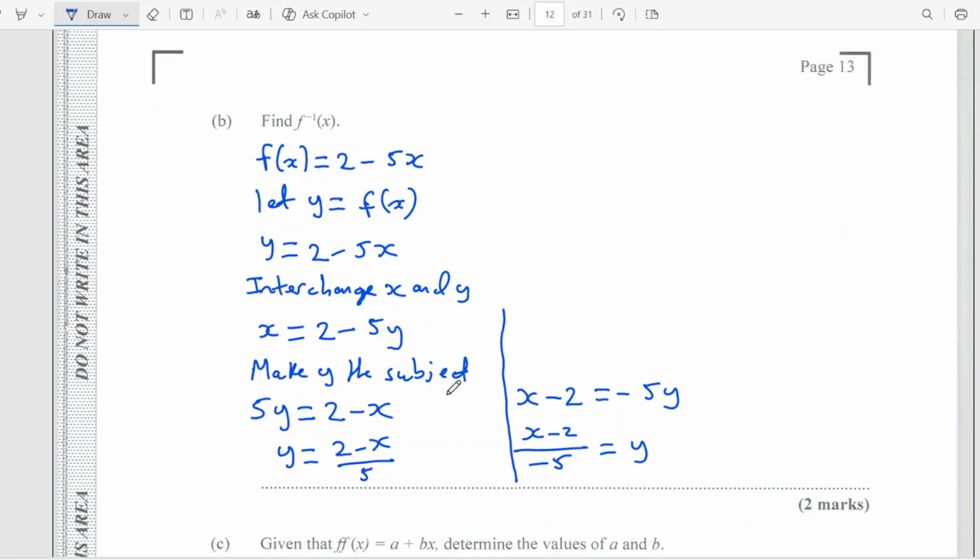Right, so any of those are correct. So therefore, the f inverse function is 2 minus x over 5, or if you do it this way, x minus 2 over negative 5. Both are acceptable.